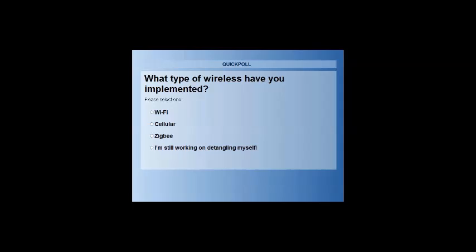So I'd like to ask you guys a question now if we can. What type of wireless have you implemented at your facilities? Wi-Fi, cellular, Zigbee, or I'm still working on detangling myself. We see a pretty good mix of different types of wireless technologies out there. They all have their pros and cons, but we see a surprising number of people who are still working on detangling themselves.